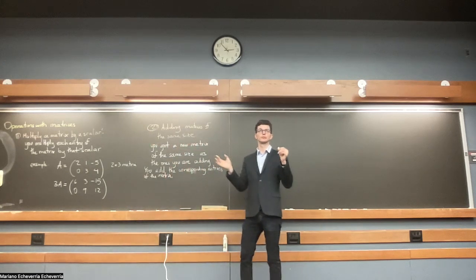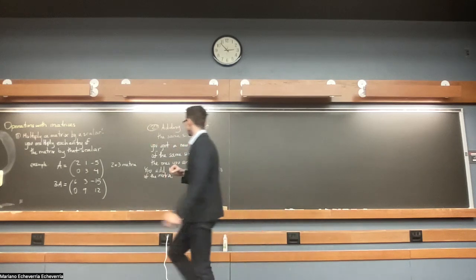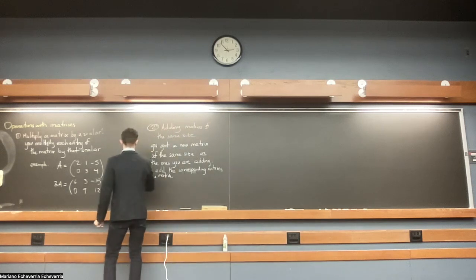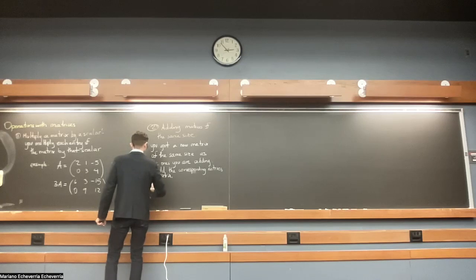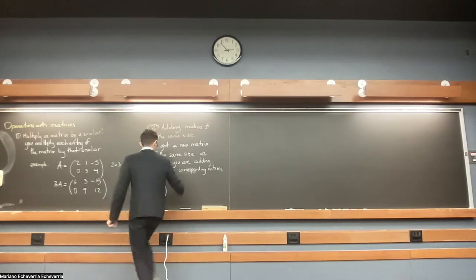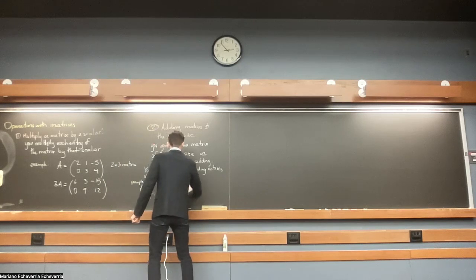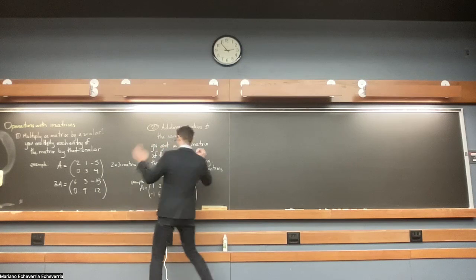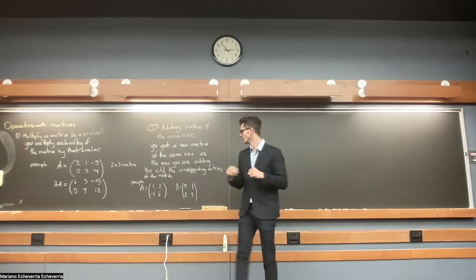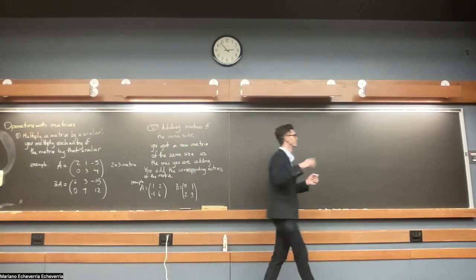Again, just to do a quick example, if A had been 1, 2, -1, 6, and B had been 0, 1, 2, 3, just some random numbers for each matrix. Each is 2 by 2, so you can add them.